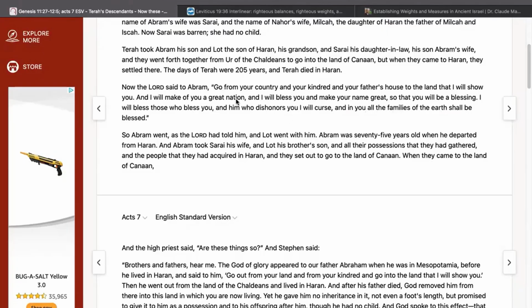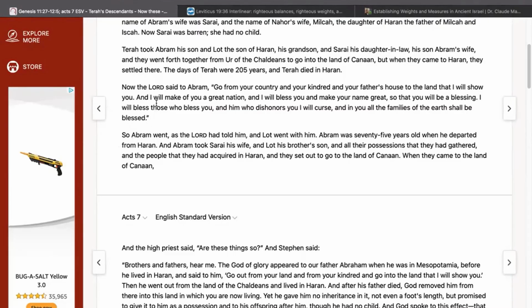All right, so let's just focus on this part. Go from your country and your kindred and your father's house to the land that I will show you. Says some stuff. Then the movement goes here. So Abram went as the Lord had told him, and Lot went with him. Abram was 75 years old when he departed from Haran. Now, what it sounds like here is that God is speaking to him in Haran, not in Mesopotamia, right?